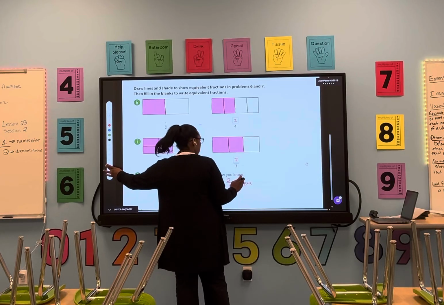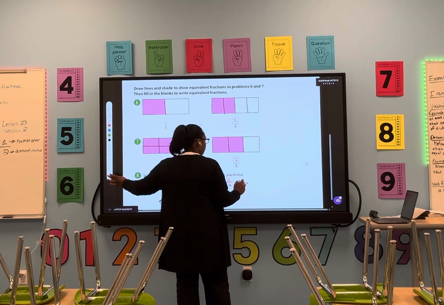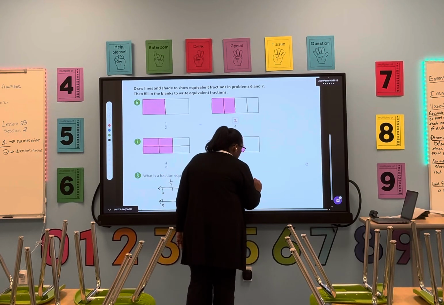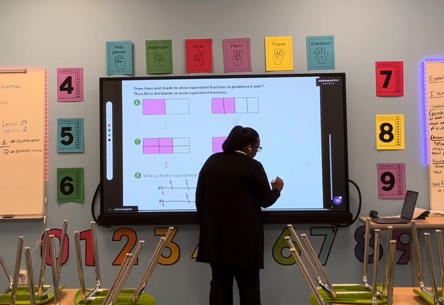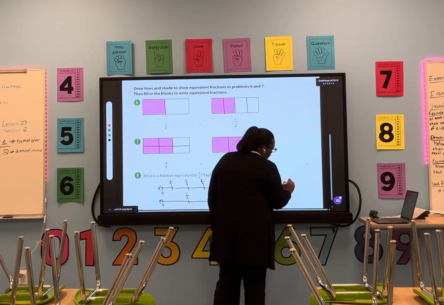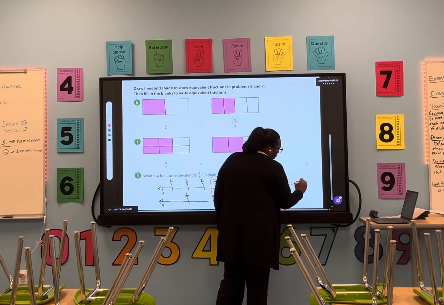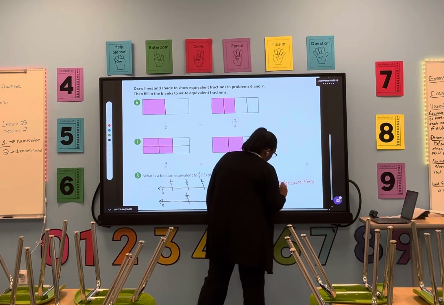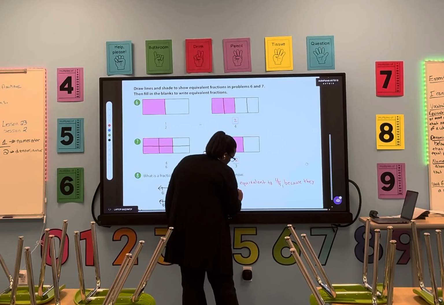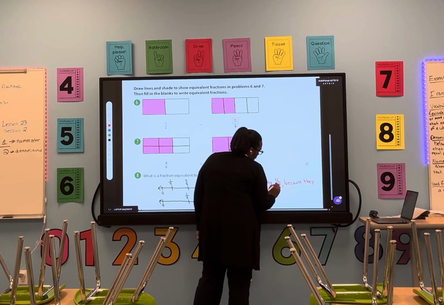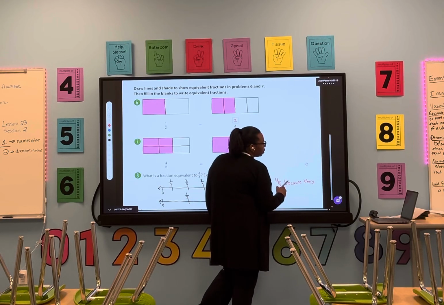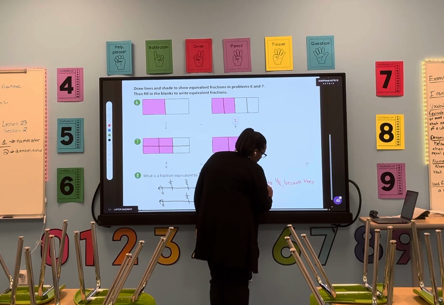Well, we know this. Hold on, this number made a little boo-boo. 2/2 is equivalent to 4/4 because they share the same, I want to say point, not point, but tick mark on the number line.